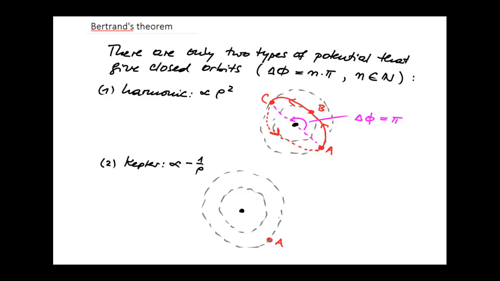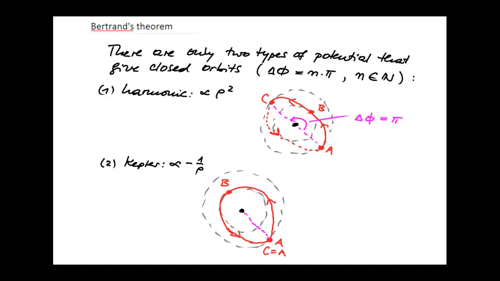The trajectory is such that the body will touch the inner circle exactly on the opposite side of the center of the potential. So the point B is here, and then the body touches the outer circle again at point C, which is identical to A.